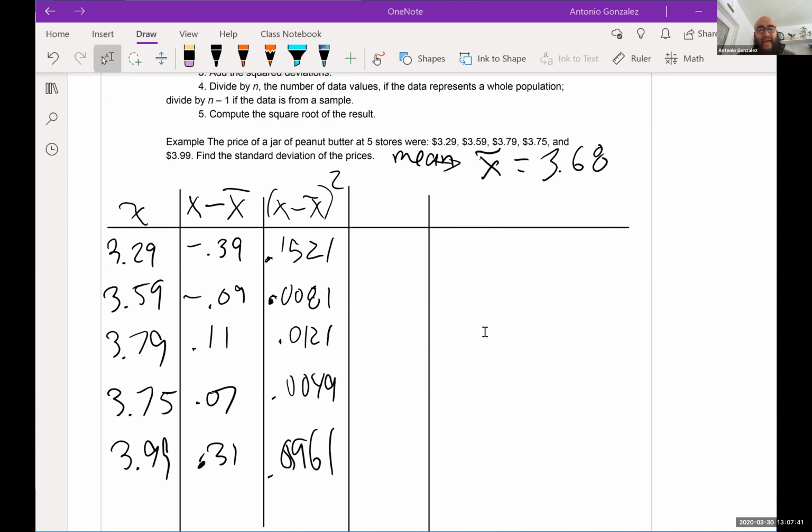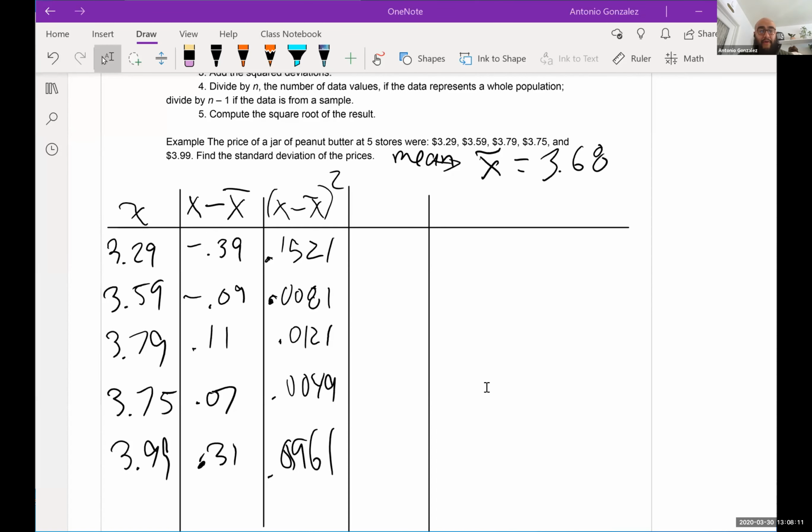I'll get to that after we do the manual calculation, and then we'll take a look at the calculator version of how to do this. For now we're just computing this by hand, and then hopefully you'll see, all right, this seems rather tedious, and I'd much rather learn how to use a calculator, especially if we have, let's say, 10 data values. That would be a much more effective way to calculate this.